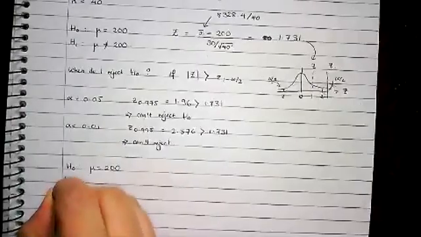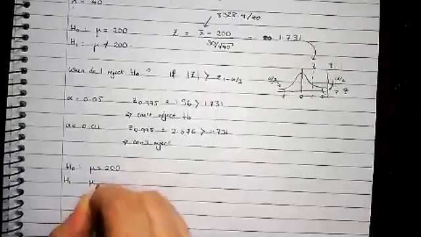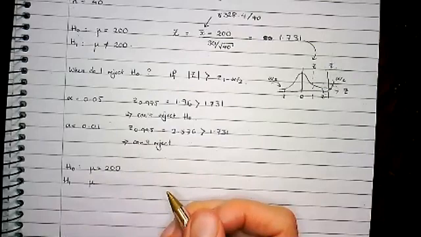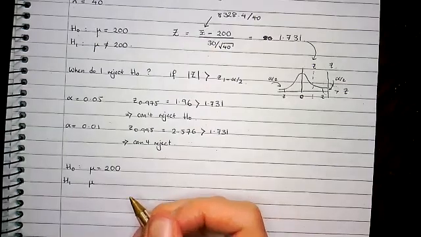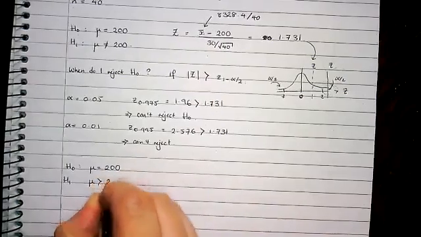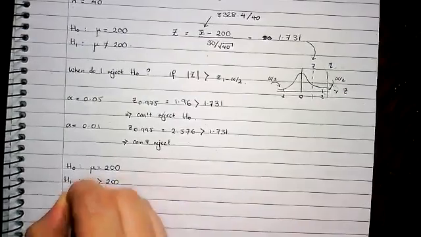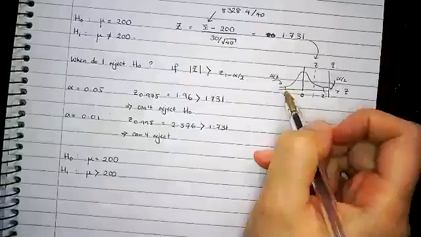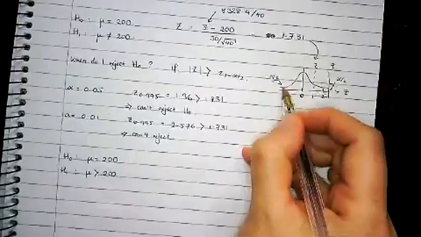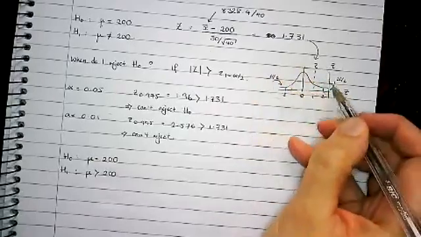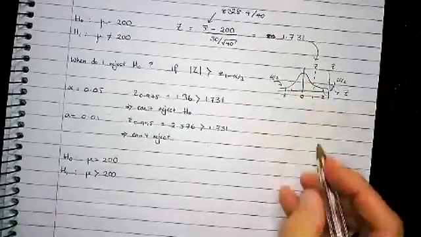This time I'm only interested in the case when mu's been underestimated, so when the true value of mu is much bigger than 200. In this case, I'm not so interested in the probability that Z falls in this tail here, so I completely ignore that situation. I start looking only at the top tail.